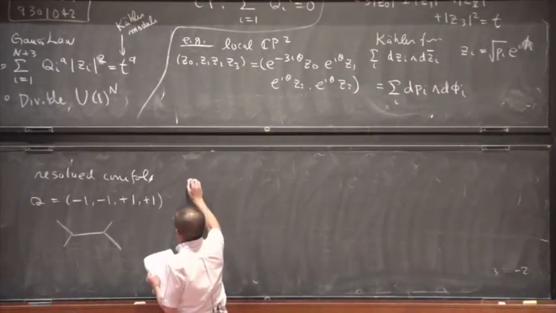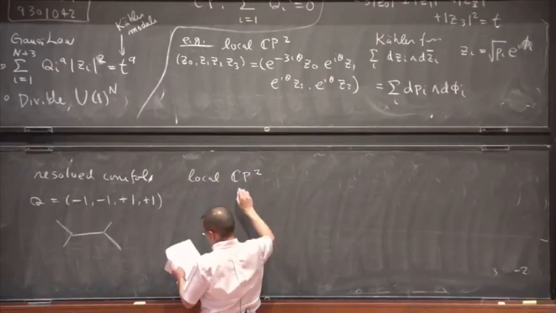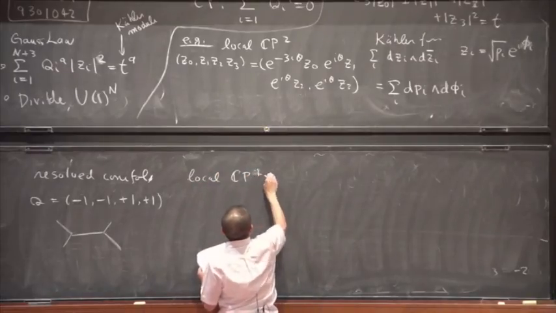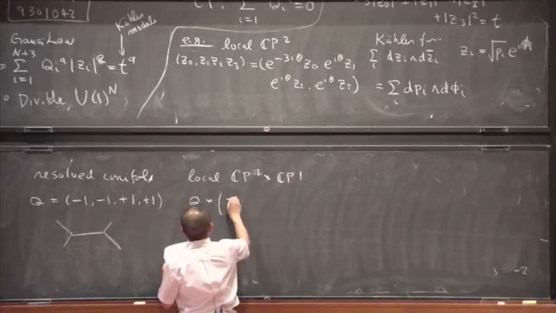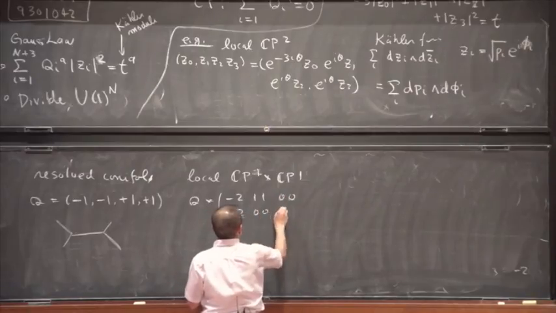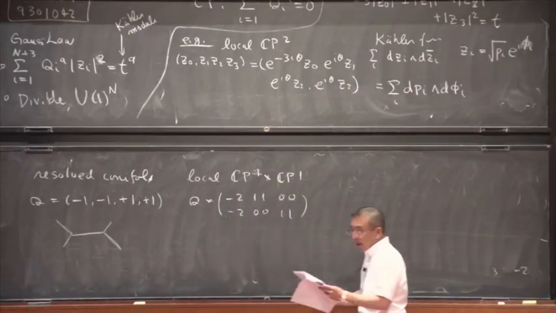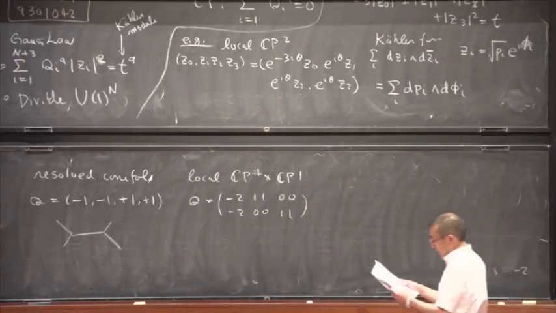And in the case of local CP2, local CP1 cross CP1, the Q is given by -2, 1, 1, 0, 0, -2, 0, 0, 1, 1. And again, I leave it as an exercise to figure out what the toric diagram is.